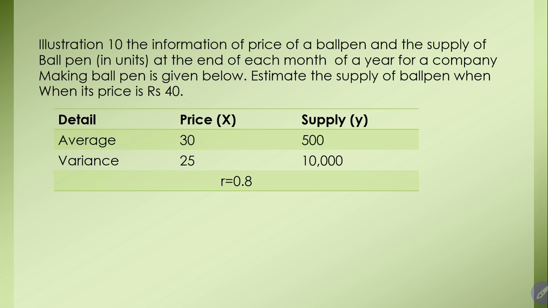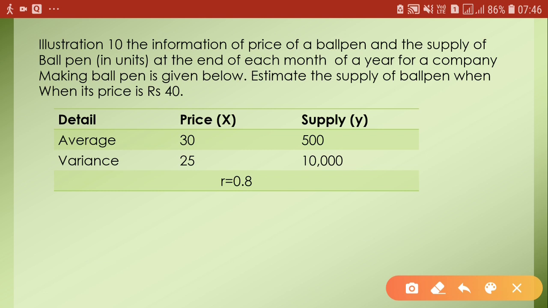So first of all, let's see what is given in the question. Let's analyze the table. First detail, the average is given. The average of x is given and the average of y is given. What does this average mean?